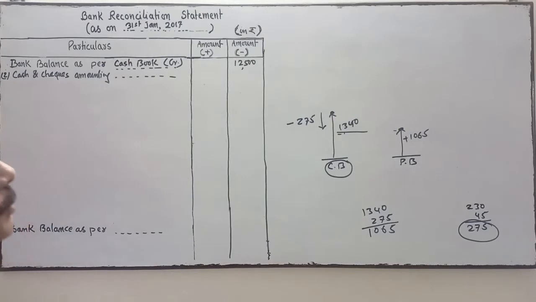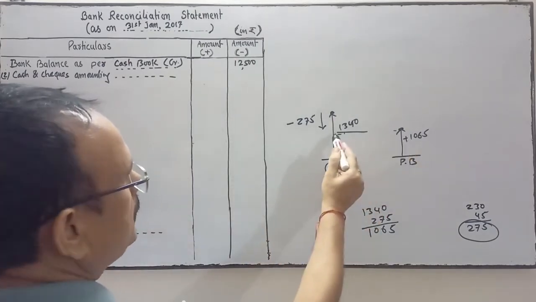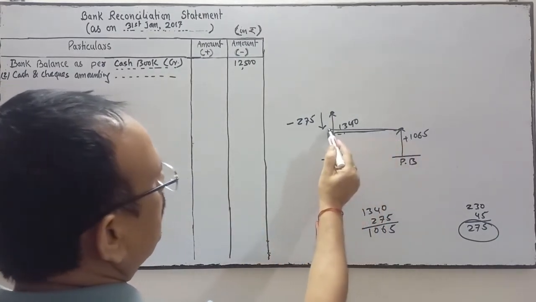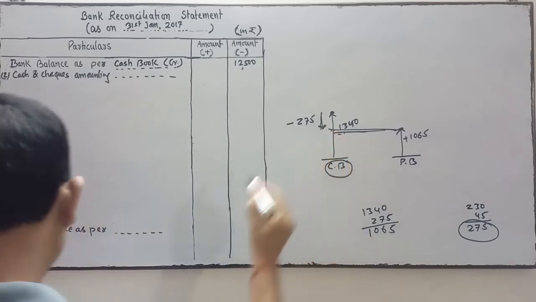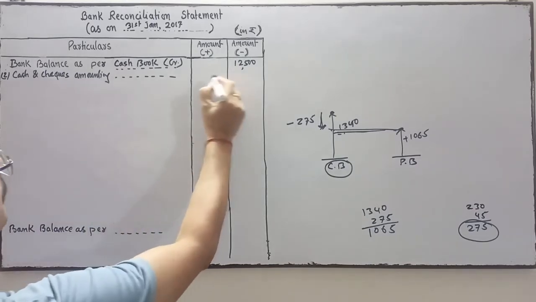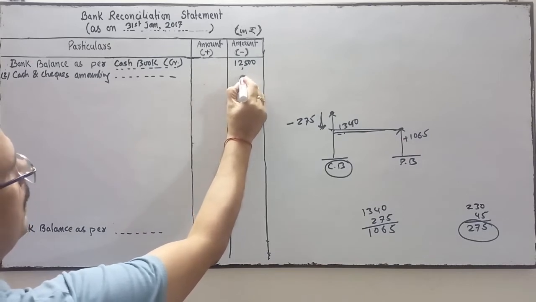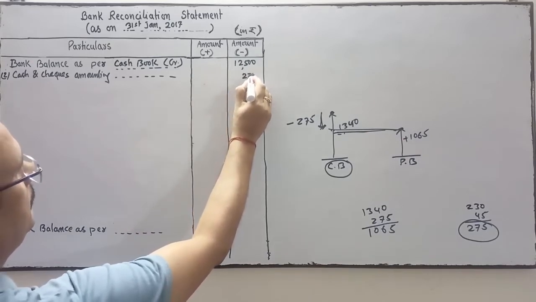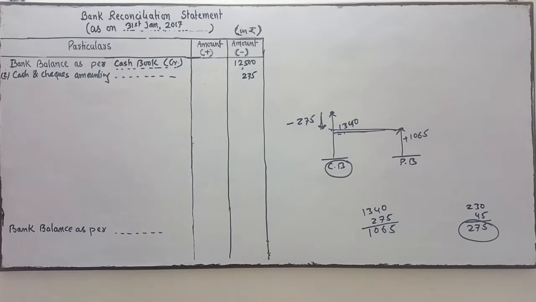Then we will reach 1,065. Both balances will be equal. If you reduce this much amount, 275, so 275 will be deducted.